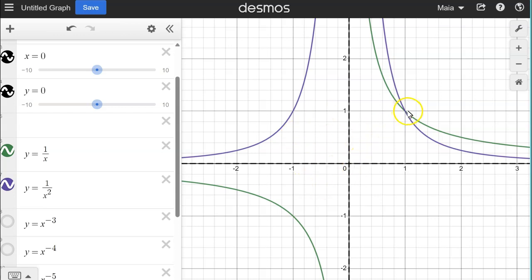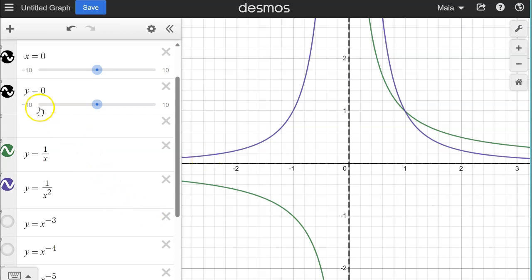Once again, notice they go through 1, 1, and then they'll either go through negative 1, 1. It won't let me click on it. There it is. Or negative 1, negative 1, which I almost hit. So put those two down. We do have some interesting symmetry here, and we'll look at some more powers and I'll mention that more, but those are going to be parent functions that we're going to use and rearrange and practice some graphing with.